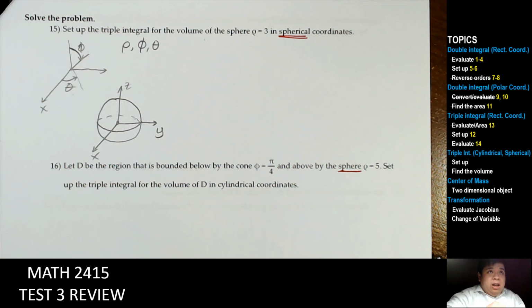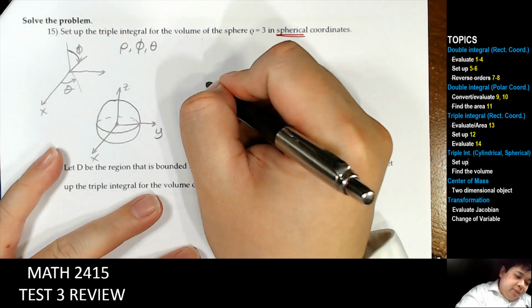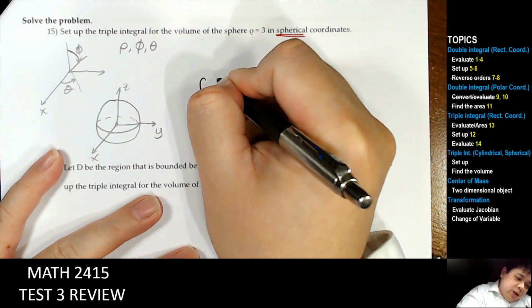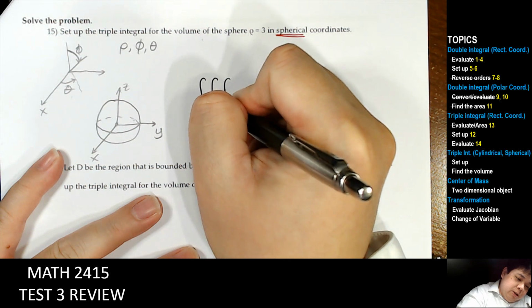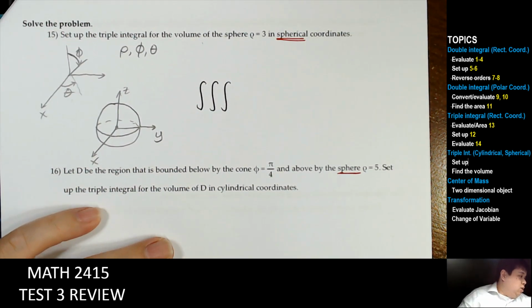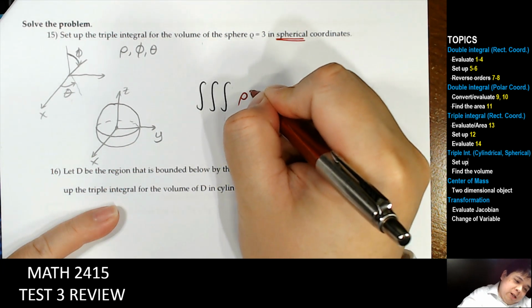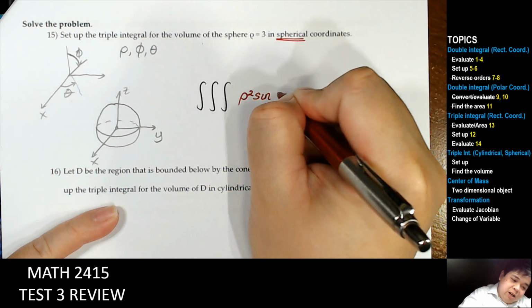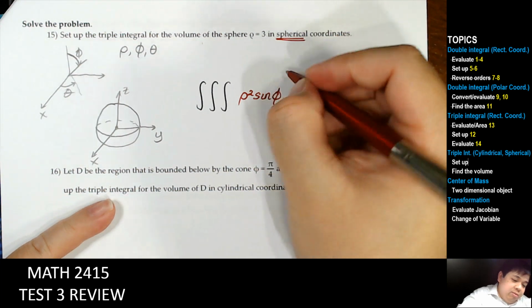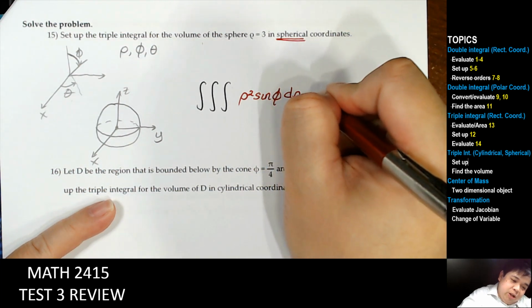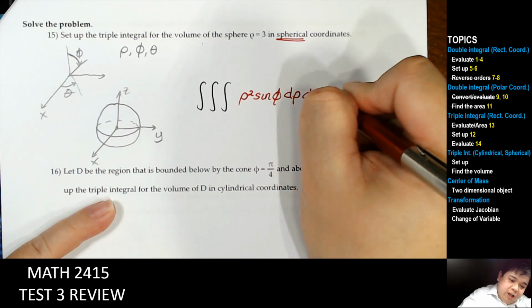So in spherical coordinates, it's going to be a triple integral. The dV is going to be rho squared sine phi d rho d phi d theta. Then the limit for rho, limit for phi, limit for theta.